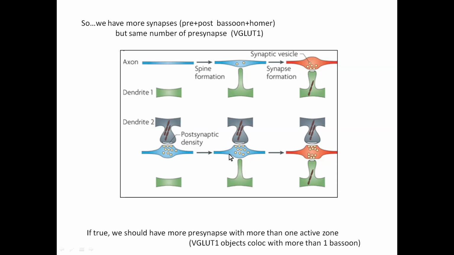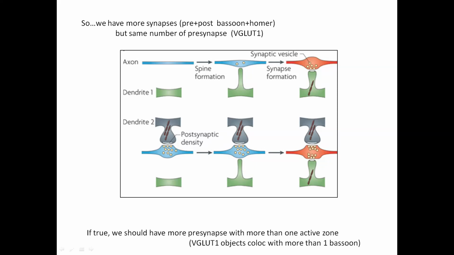So VGLUT1 buttons stay the same, but instead of having one Bassoon, here we would have 2 times Bassoon, and of course 2 times Homer. If this is true, then we should have more VGLUT1 objects which have more than one Bassoon.